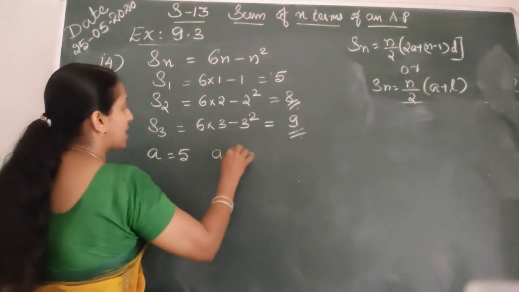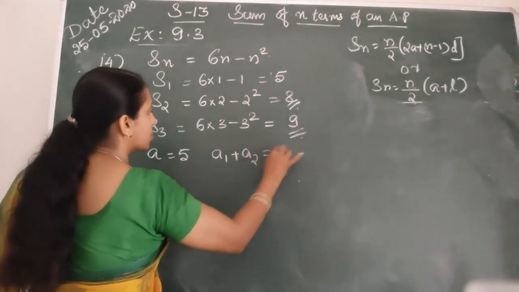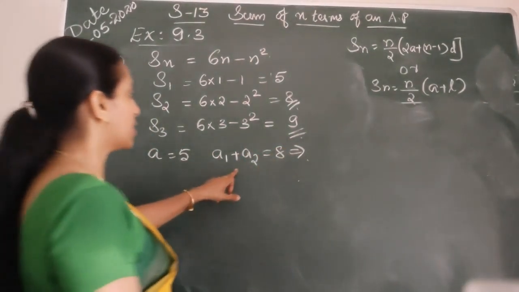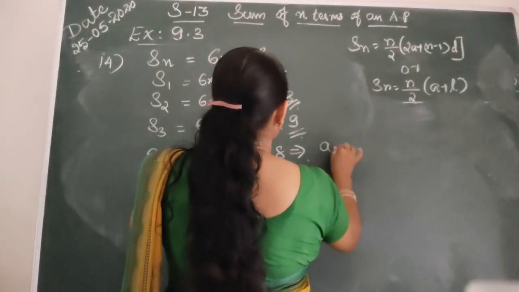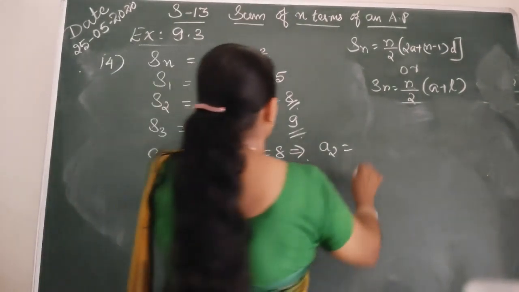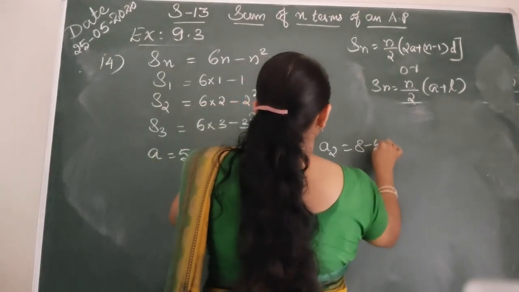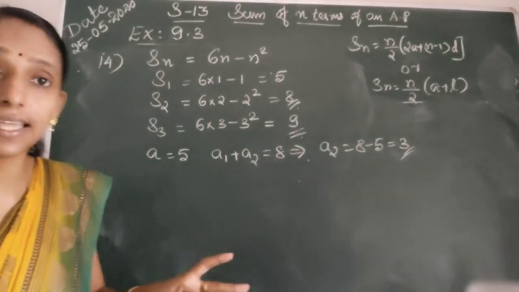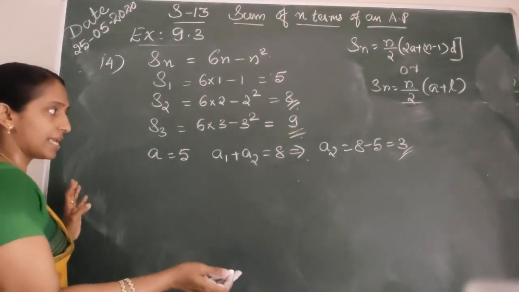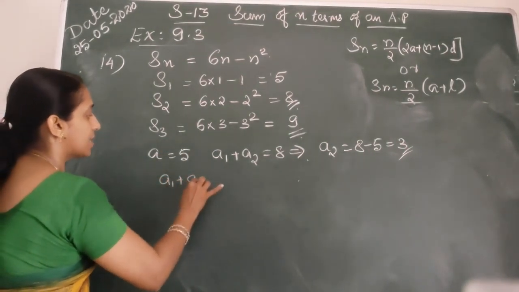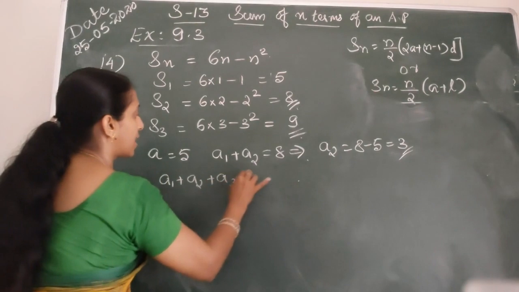And A1 plus A2 is equal to 8 implies A2 will be equal to, what will you get? A2 will be equal to 8 minus 5, 3. A2 will be equal to 3. So, if you are taking A3, A1 plus A2 plus A3 equal to 9.